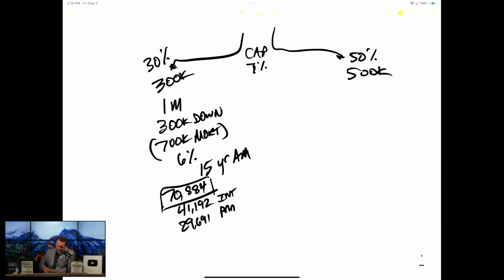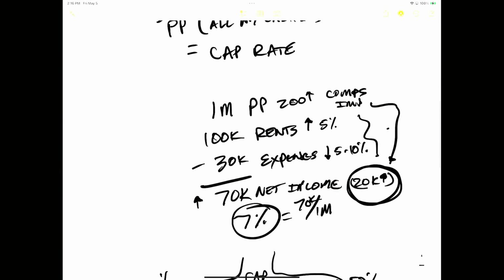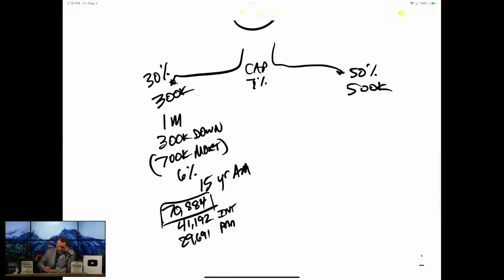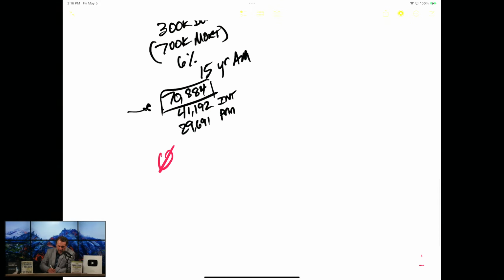So if we look at a cash on cash return, or what is my cash flow, remember our fact pattern? We have $70,000 of net income to cover our debt cost. Well, our debt is running us $70,000. So this property is a zero cash flow.